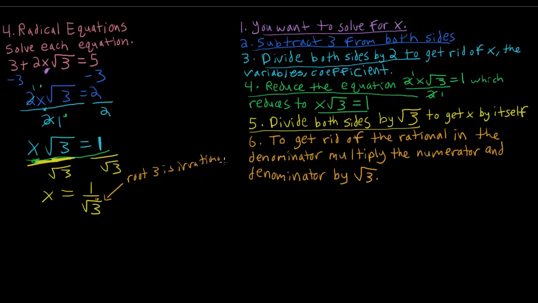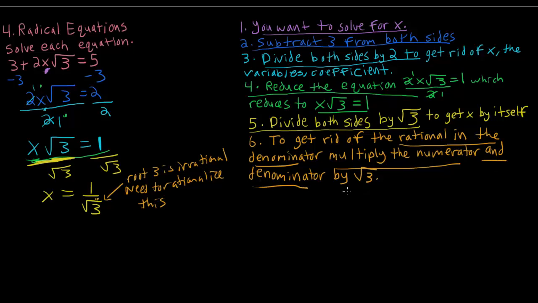We don't want that for our final answer, so we need to rationalize root 3. Like it says here in step 6, to get rid of the radical in the denominator, we multiply the numerator and the denominator by root 3.